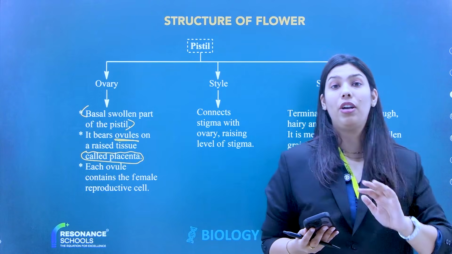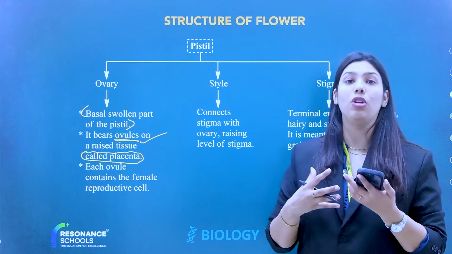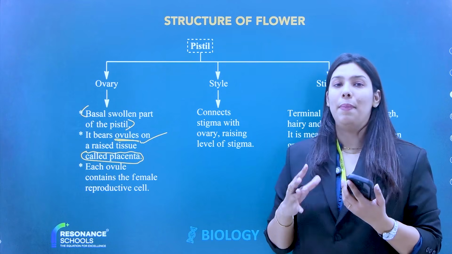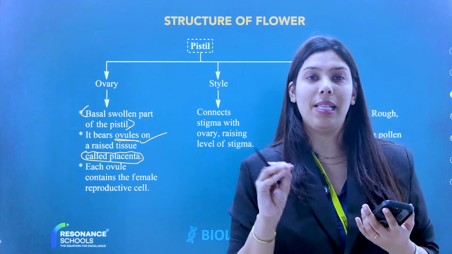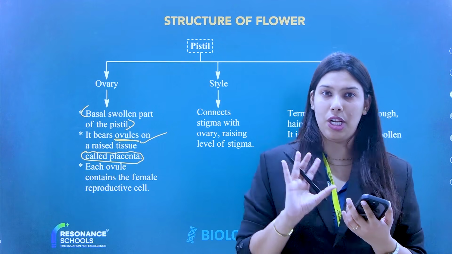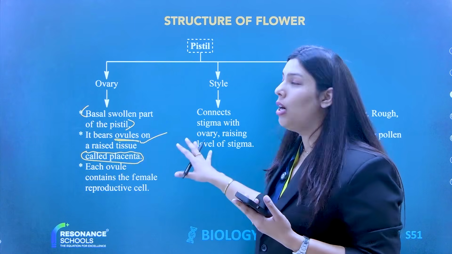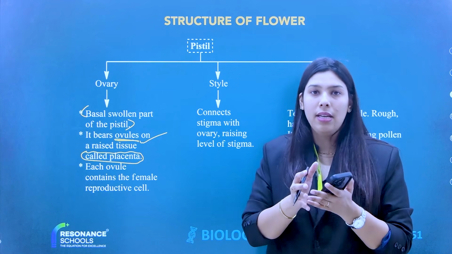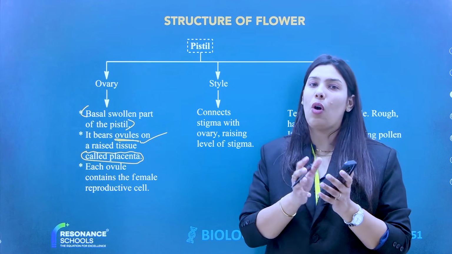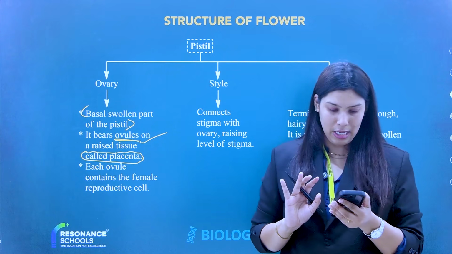Placenta is a type of tissue on which these ovules are raised, or you can say ovules are present. In humans, when we read about reproduction, placenta is an intimate connection between the mother and the fetus, correct? Similarly, here also, it is the basic intimate connection for all the reproductive events after fertilization, whatever is taking place, correct?